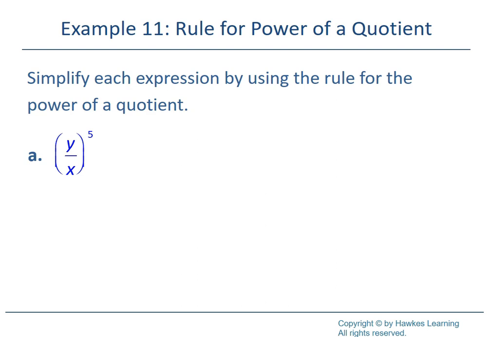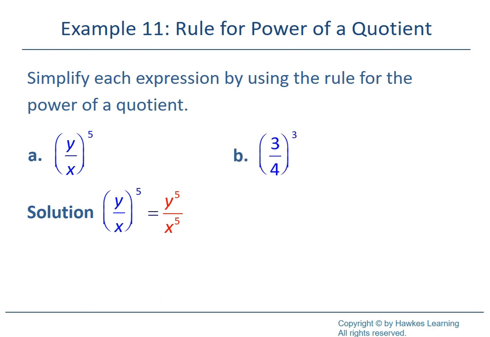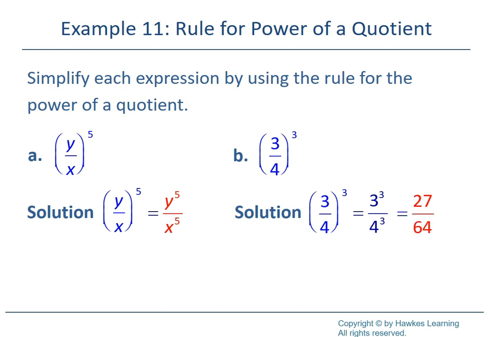It's going to be y to the 5th over x to the 5th. There you go. This is going to be 3 to the 3rd, and then over 4 to the 3rd, but they do want you to simplify that. 3 to the 3rd is 27, and 4 to the 3rd is 64.